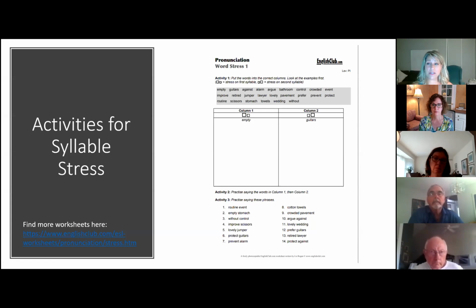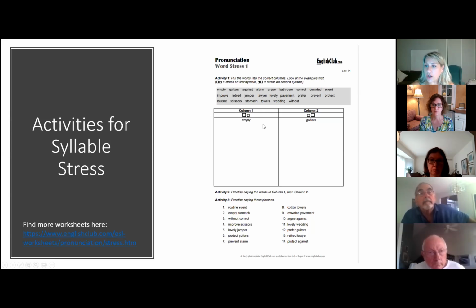So activities for syllable stress: again, this is about listening. They have to listen to it and hear it before they can actually pronounce it. So often what I will do is give them a chart like this, and I will say these words, and I need them to determine the stress, so empty. So this is stressed, unstressed, right? Empty. And when I say these words, they have to put it in the correct column.